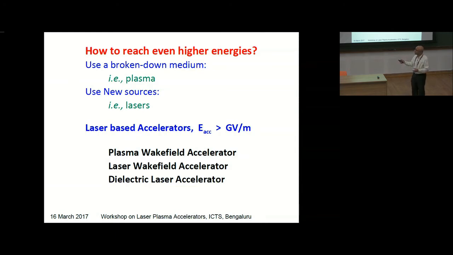So that's what you will do, and you use new sources, the lasers, and you will see over this week that gigavolt per meter is possible. But then there are issues which I talked about in the beginning, which have to be kept in mind: you need the numbers, you need the emittance, and to get the numbers, you need to generate and repeat these pulses again and again, so that you get a sufficient number at the end per second.